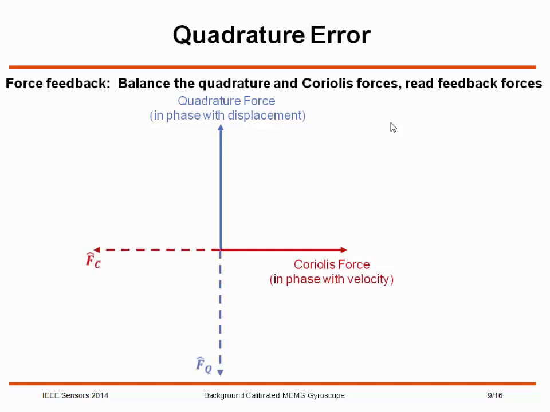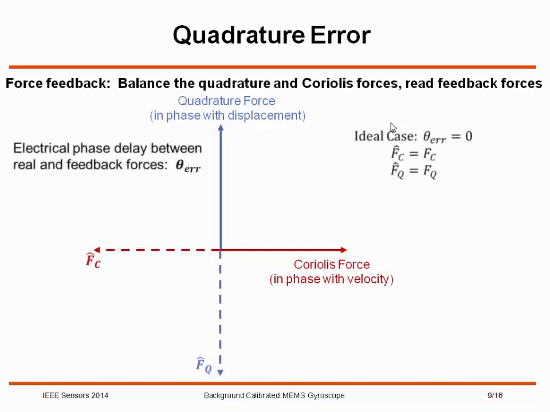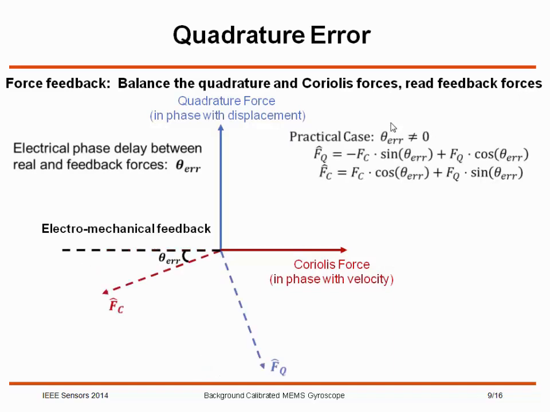We are applying electrostatic forces to compensate them. Unfortunately, if you have some phase error in the system, then you cannot compensate these forces. In other words, the force that you apply wouldn't be aligned with the real forces. In that case, the quadrature error will leak into your information channel, the rate channel.